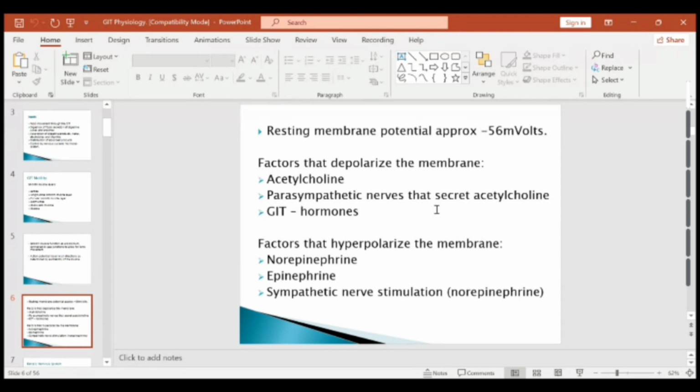The resting membrane potential is another term that I'll introduce when we talk about the muscles later. But just know that the GIT system is capable of relaxing and contracting on its own without the influence of the brain. We call that an intrinsic ability to contract.